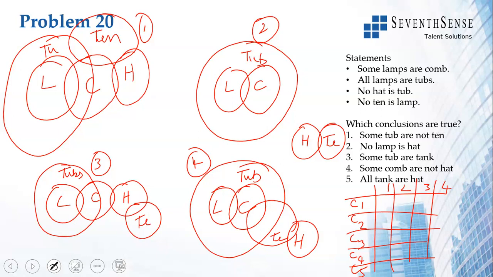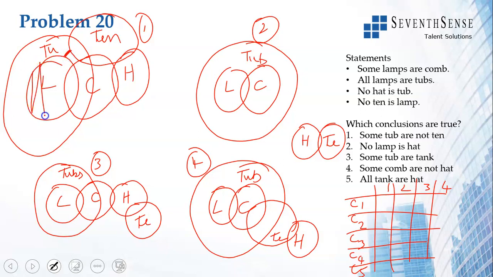Some tubs are not tens. So if you see here, some tubs are not tens. Why? See, no tin is a lamp.